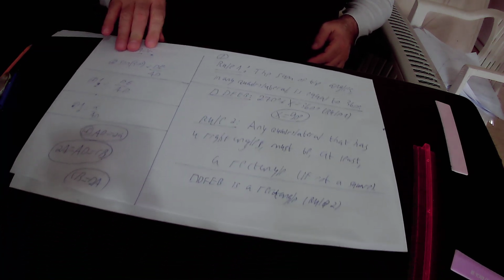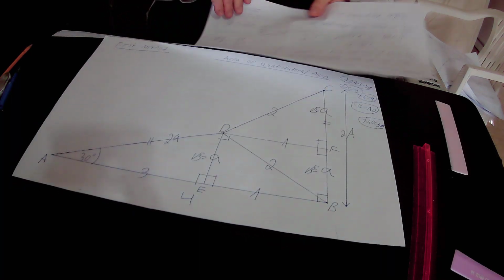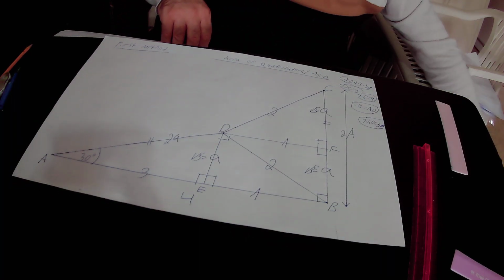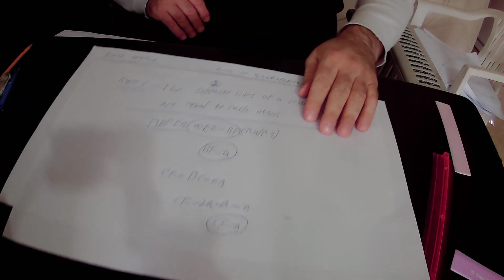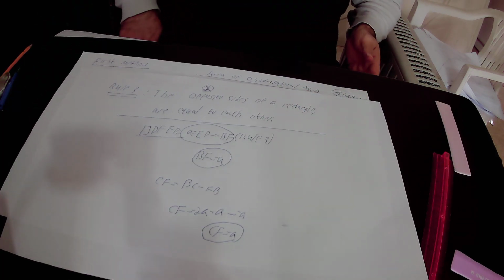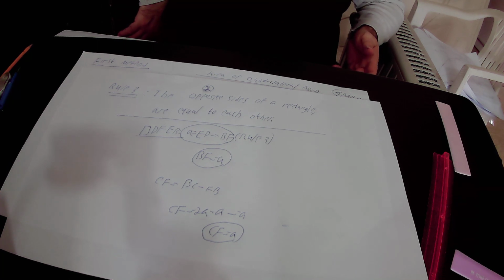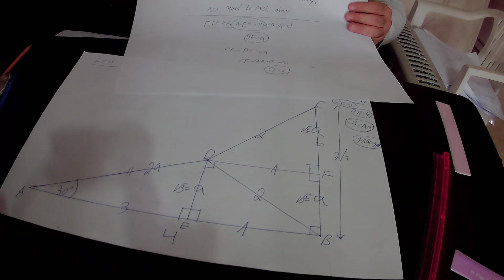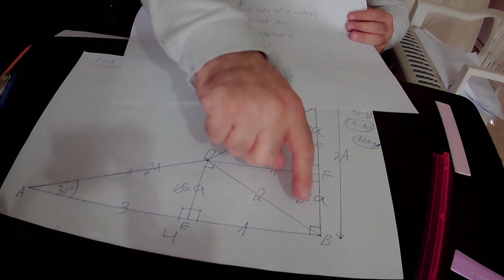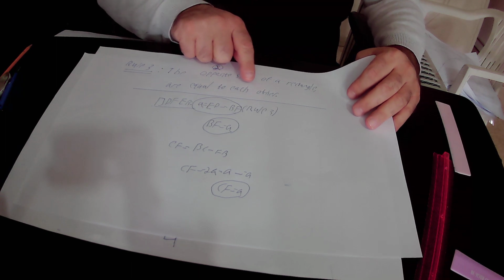And we also have rule number 3. According to rule number 3, the opposite sides of a rectangle are equal to each other. That is to say, the opposite sides of rectangle DFEB must be equal, which means DE equals FB according to rule number 3.